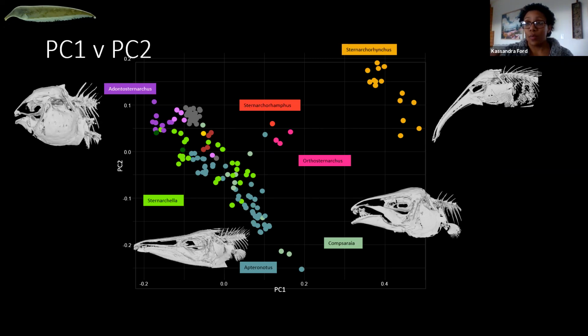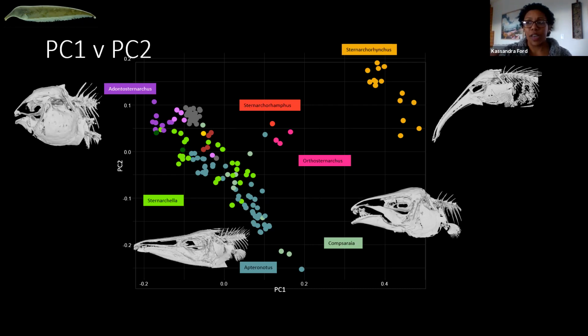On the right hand, we have the species that are very long-snouted or elongated snouts like Sternarchorhynchus. So again, we're seeing the phenomenon of heterocephaly being loaded on PC1, and we're actually also seeing the same phenomenon of heterorhynchi on PC2 when we compare species like Sternarchorhynchus with their downturned snout versus species like Apternotus that have more of that terminal mouth at the very end of its snout.